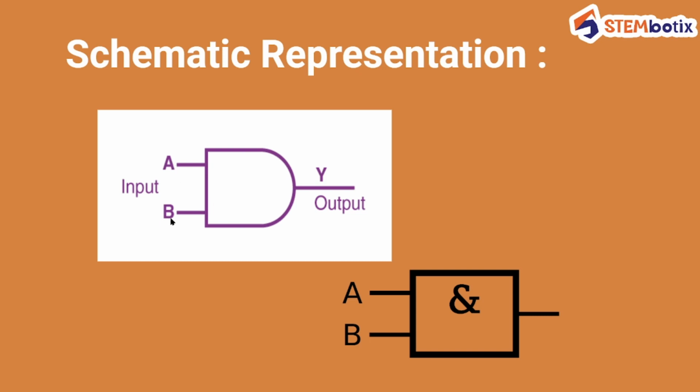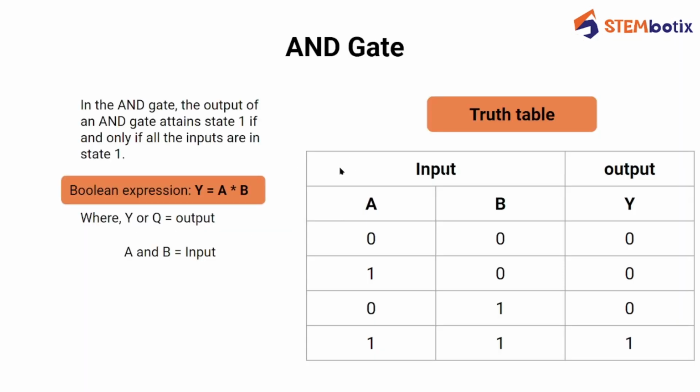These are the inputs A and B, and this is output Y. The AND gate performs the logical AND operation. The Boolean expression for the AND gate is Y equals A into B, the multiplication of both inputs.